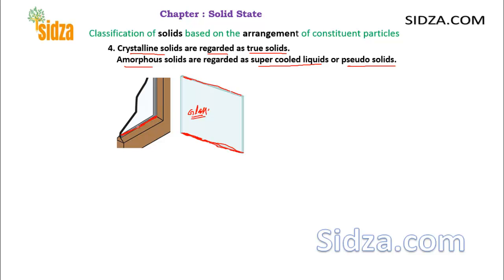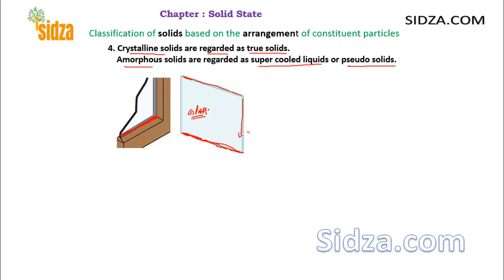You can see the thickness at the bottom will be more than the thickness of the glass at the top. The reason is that glass, which is an amorphous solid, has some fluidity. The particles flow slowly under gravity, just like liquids. But the rate is very, very slow. It takes a lot of time to observe this flow. So the glass, under the gravitational force, flows down.